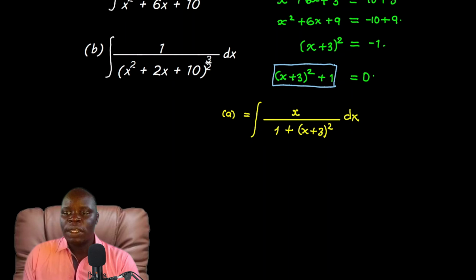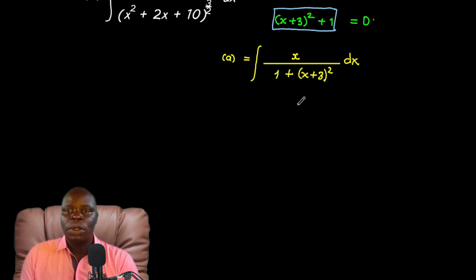So having written this, the next thing is to take this term inside the square and equate it to tan, and this is where tan substitution comes in. So let's have x plus 3 equals tan theta.